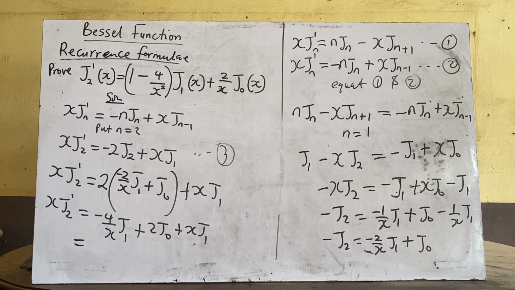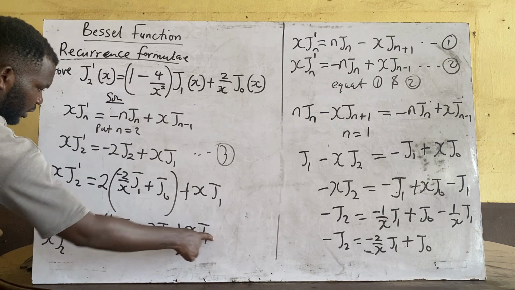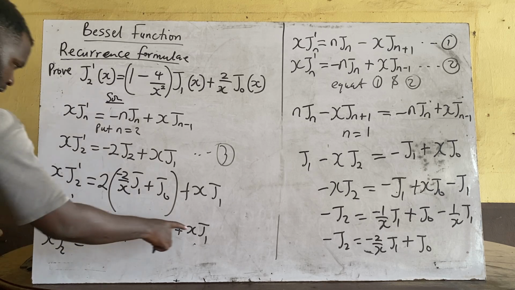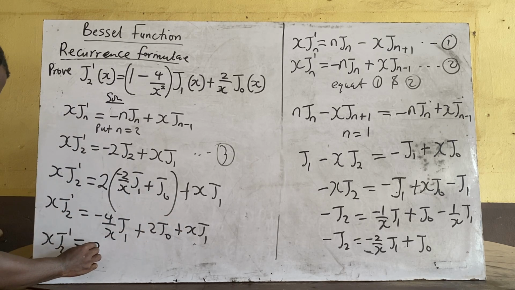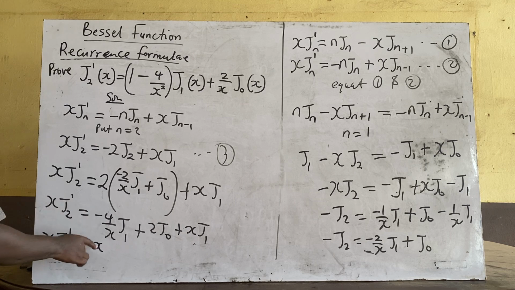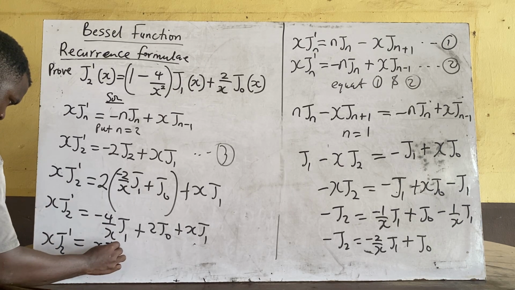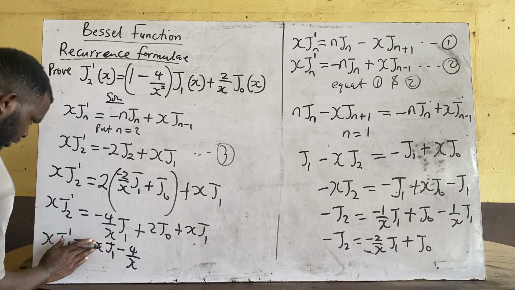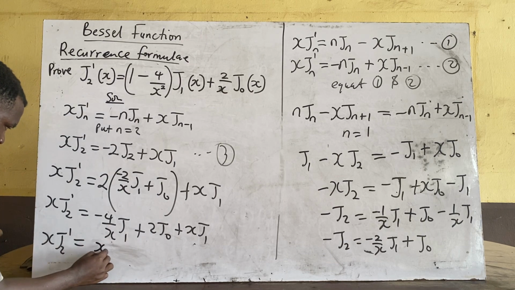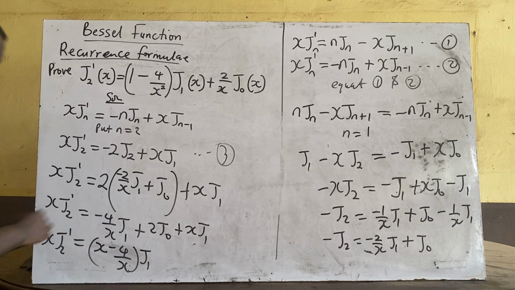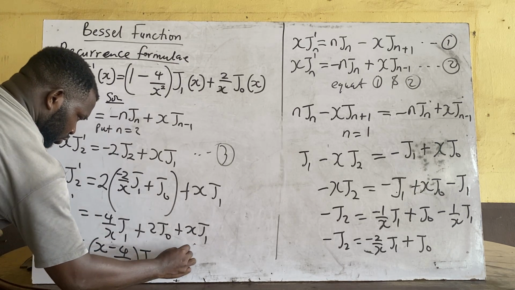They have x minus 4 over x in common, and they all have J1 in common, then plus 2 J0.